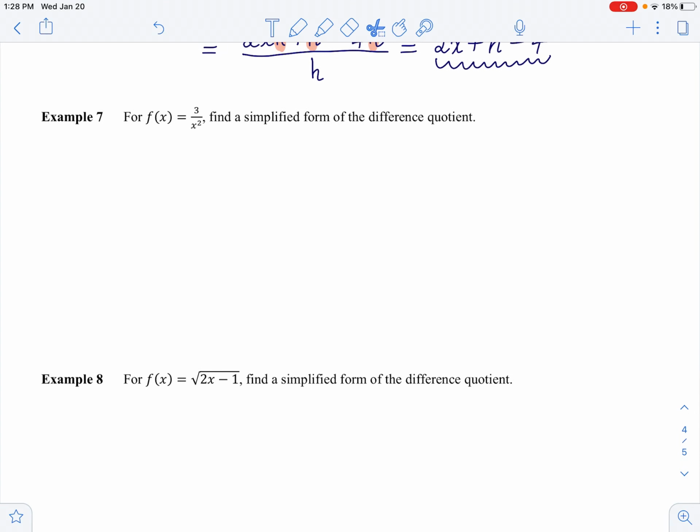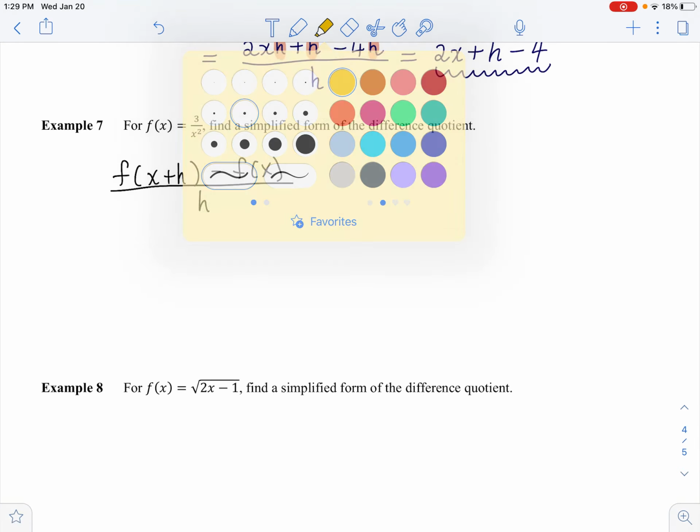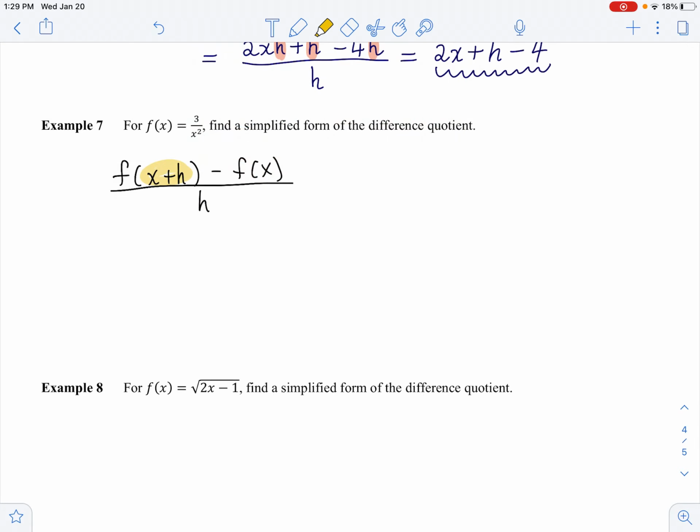All right, for f of x equals 3 over x squared. That's an odd-looking rational function. Find a simplified form of the difference quotient. So write down the difference quotient. That's the formula. Let's plug in x plus h into x to find what f of x plus h is.